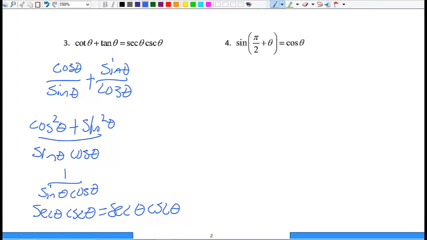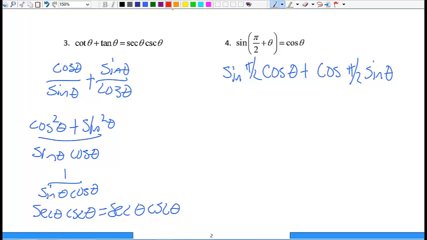Okay, number four is a great illustration of the sum and difference of sines, specifically sum of sine. So if I expand that out using the sum of sine formula, I get sine of pi halves times cosine theta plus cosine of pi halves times sine of theta.